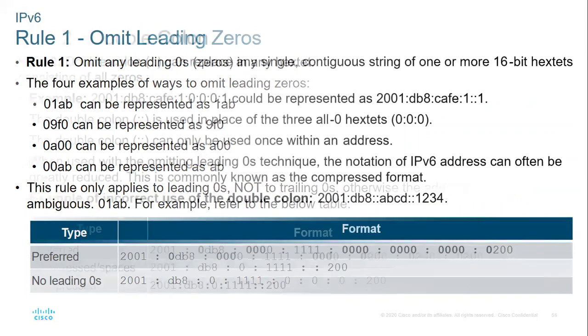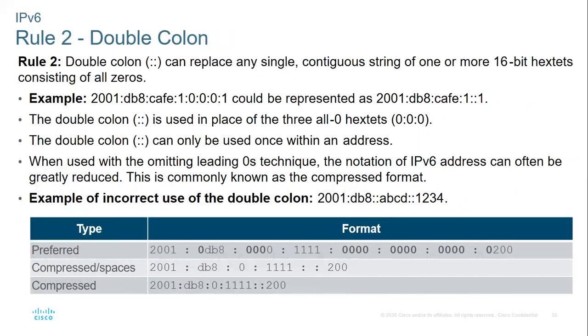Then the other rule is the double colon, where you have consecutive zeros, okay? And you must have only a single double colon in an address, okay? So you can see here, these consecutive zeros will be replaced with a what? A double colon, okay?